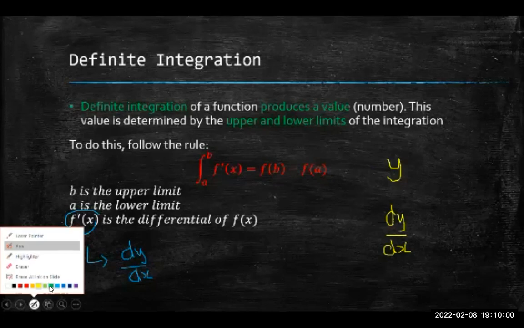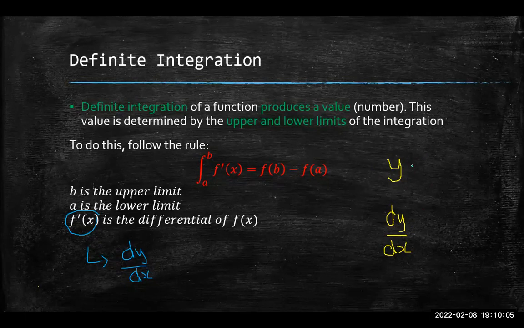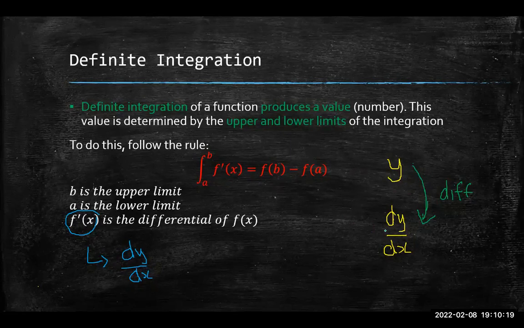So say you have an equation y, and they want you to find the differential, you differentiate. So I have my arrow going down here. This is differentiation. Then when I was explaining integration, I said integration is the reverse of differentiation. So it goes from the gradient function back to y. That's the definition of integration. So now switching out the y and the dy and dx, and instead I'm putting f of x on this little symbol here.